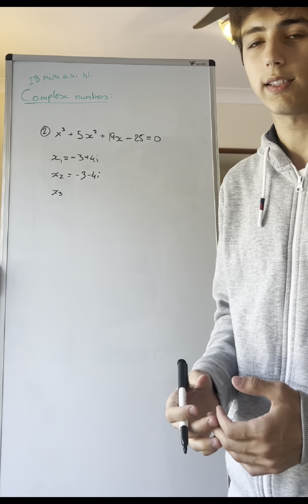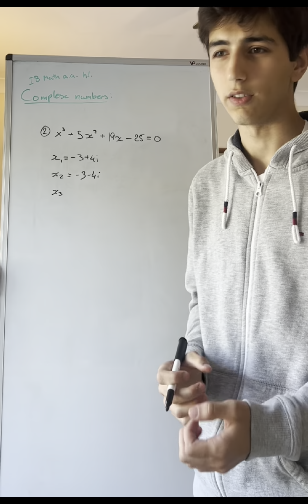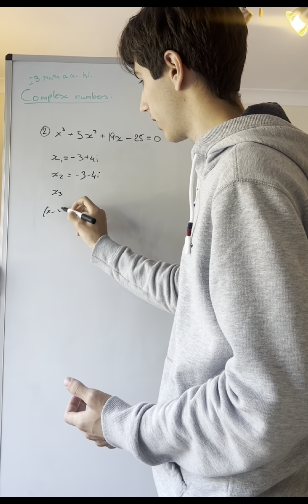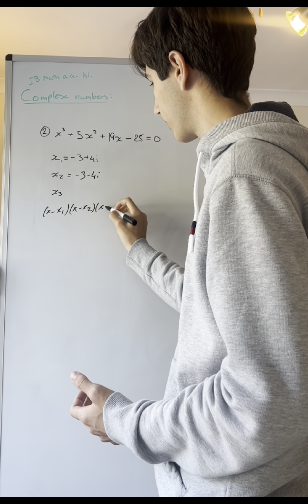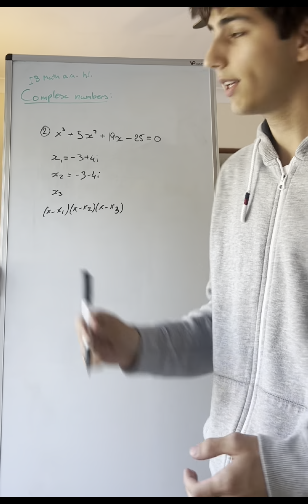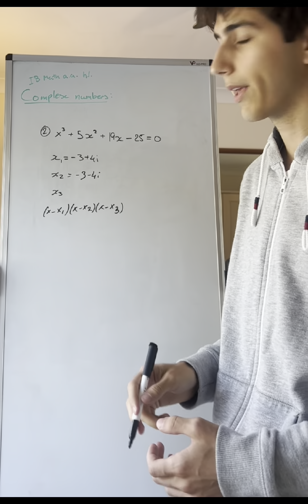And we can also write a cubic function as the product of x minus its roots. So what I mean by that is we can say (x minus x1) times (x minus x2) times (x minus x3) is going to be equal to 0, which is also equal to this cubic function.